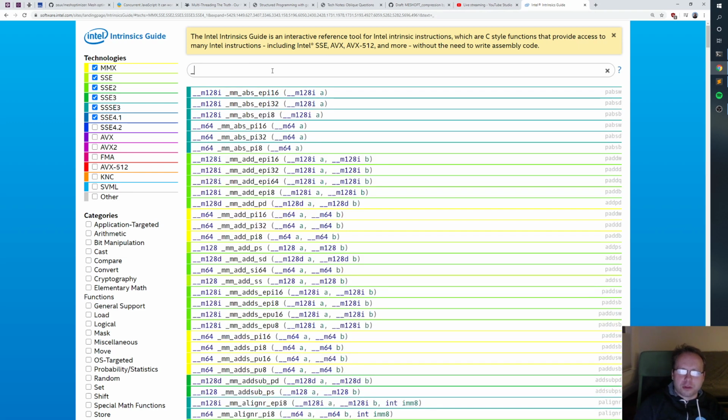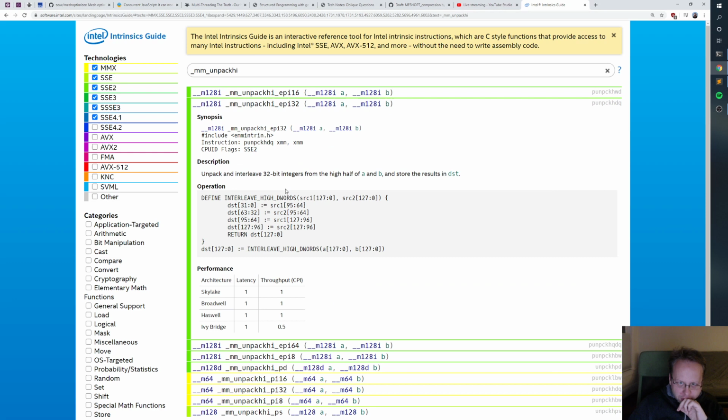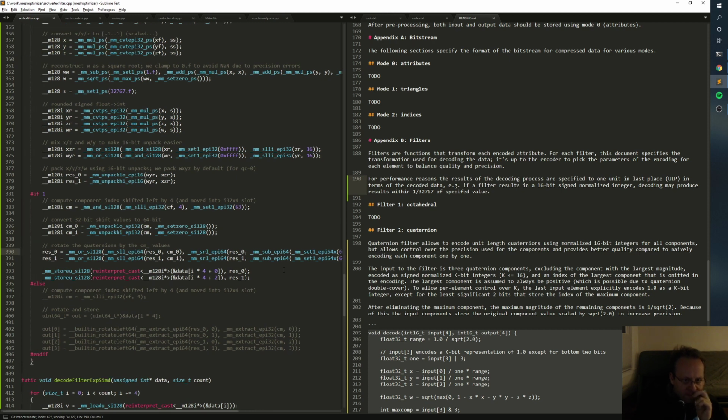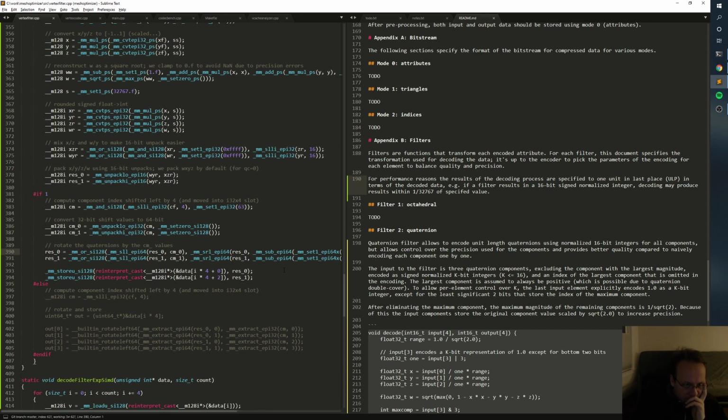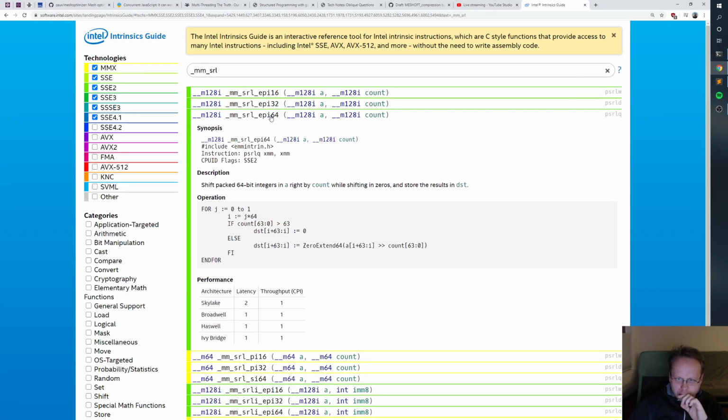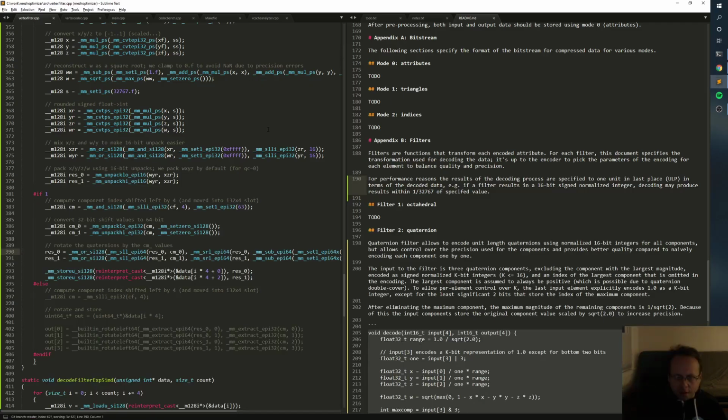So if this shift value is 0, we're going to be shifting this by 0 and this by 64, which doesn't matter.